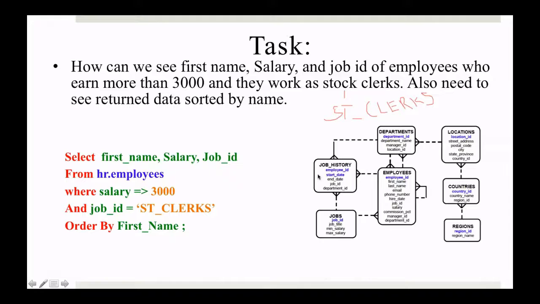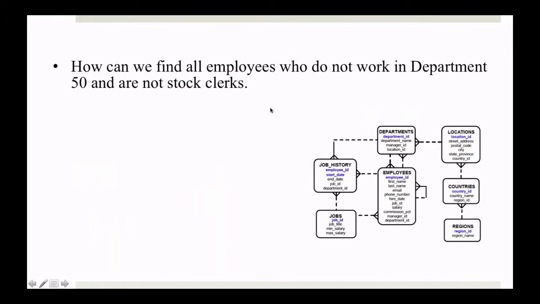Okay, let's go to the next one, and let's try to run this one. How can we find all employees who do not work in Department 50 and are not stock clerks? So this is the department ID.